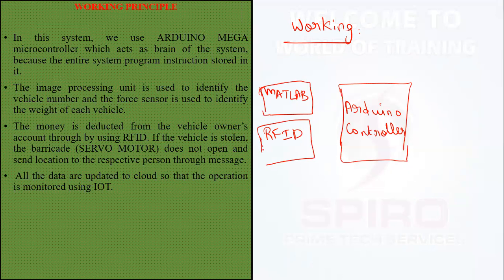In real time, every vehicle has an RFID tag, that is FASTag. In FASTag there will be one unique ID number for every vehicle. If the number plate and RFID number match, the Arduino controller opens the gate using servo motor. If there is a mismatch in RFID number and number plate using MATLAB, the Arduino controller will not open the gate. So that information is updated in IoT.